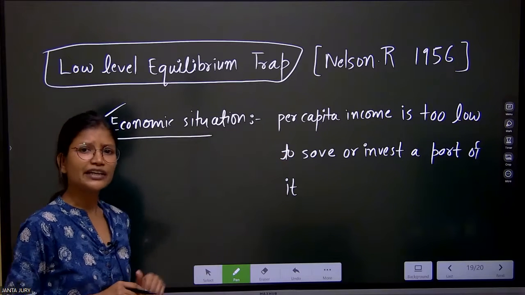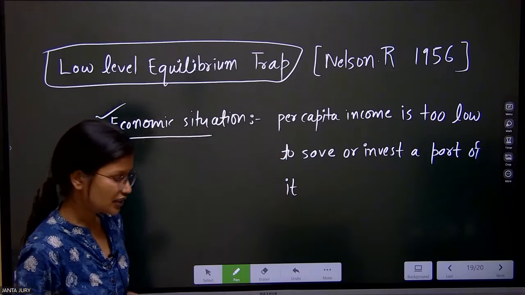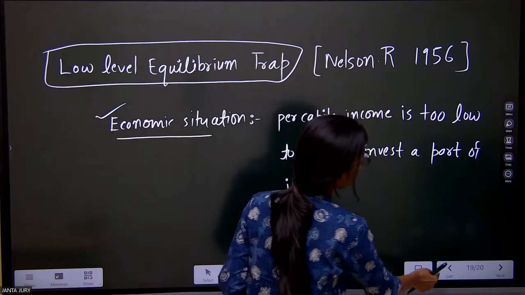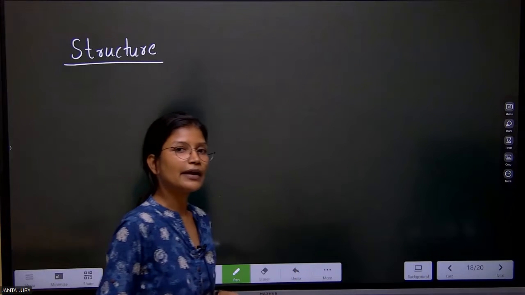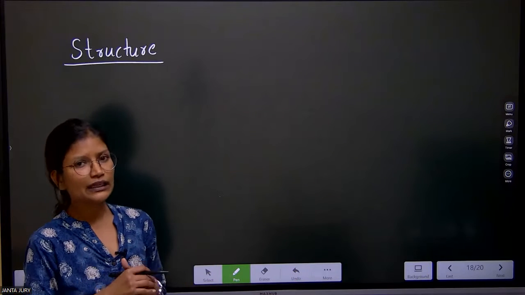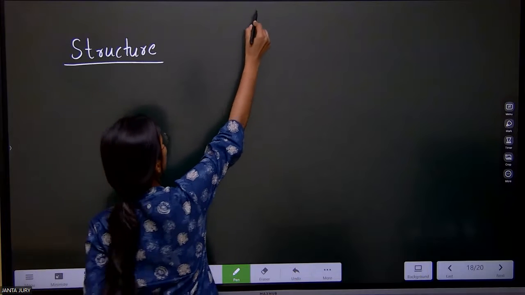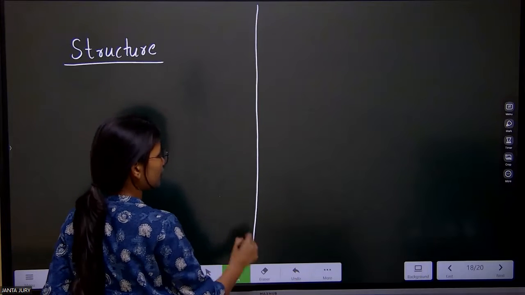Now, how can we relate this to the question? The question was about India facing a low level equilibrium trap in the case of pulses. How is it so? Let us first understand this low level equilibrium trap.